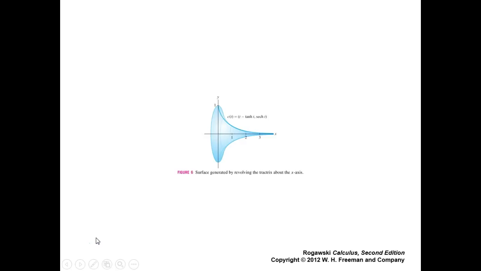Okay. If the straight line segment given by C of t equals 3, t, okay, for 0 less than t less than 2, is rotated around the x-axis, okay?